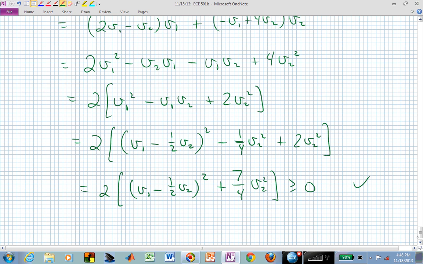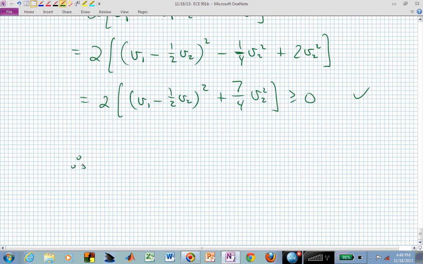And so Q2 is a positive matrix. Is that okay? So for any v1 and v2, that's going to give us a non-negative result. What about one more? Let's look at one more.